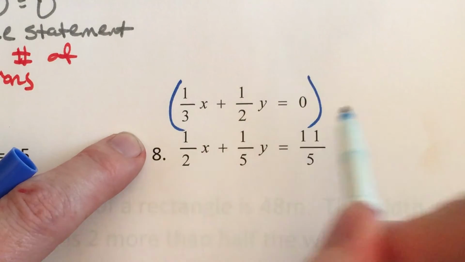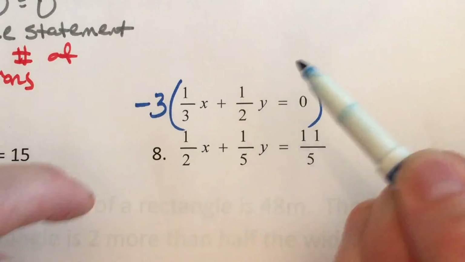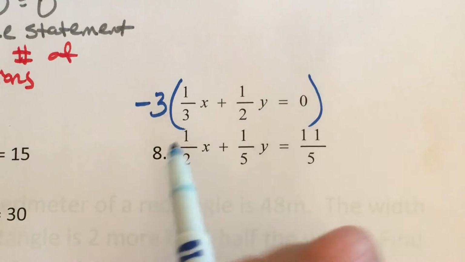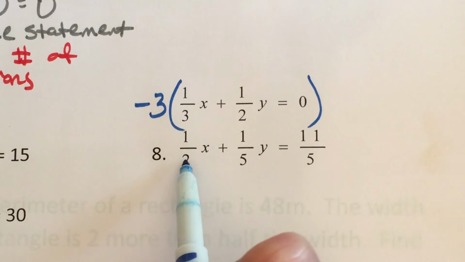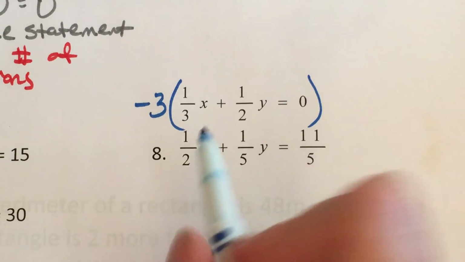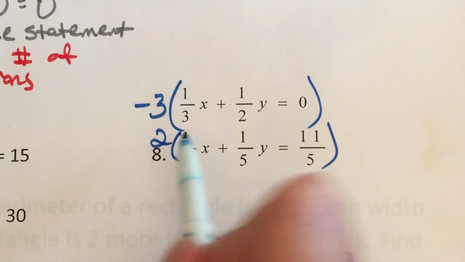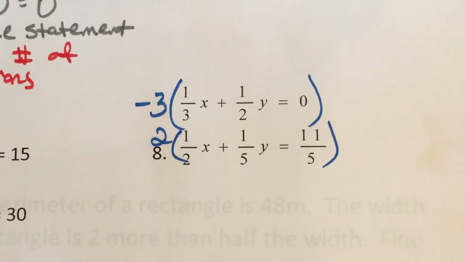Let's multiply this top equation times a negative 3. And I want to get rid of my fractions for the x on the denominator also. Let's multiply the bottom equation by a positive 2. That'll just help my x's to get out of the fraction land.